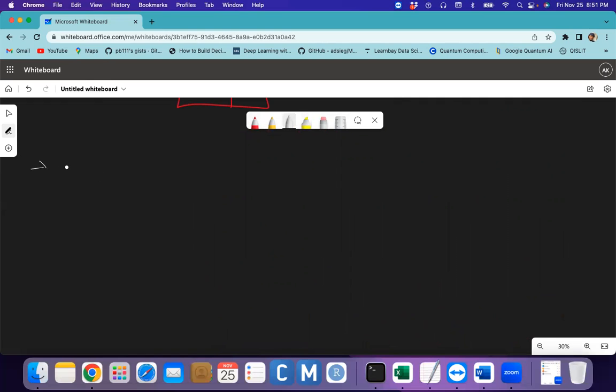Now we have one more test, the Wilcoxon signed rank test.